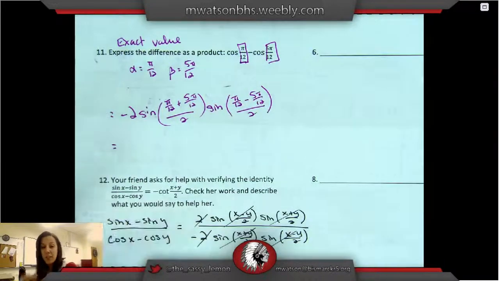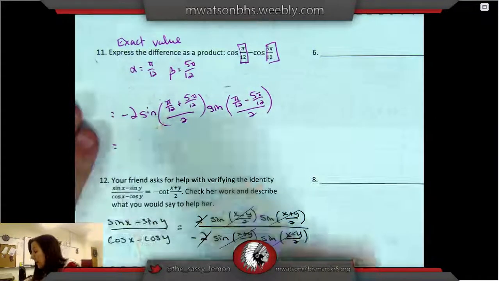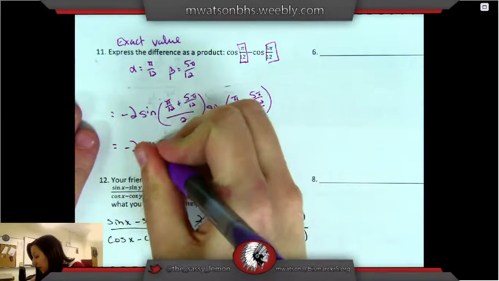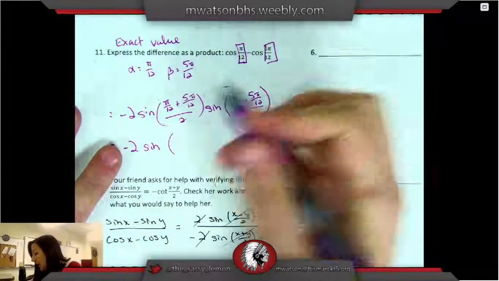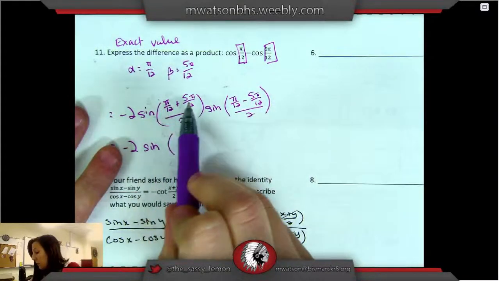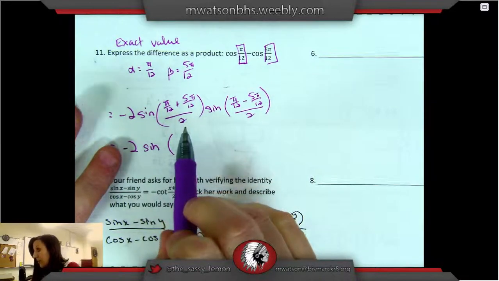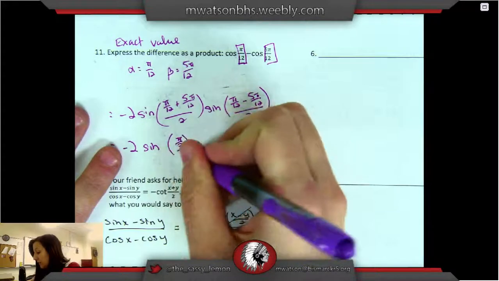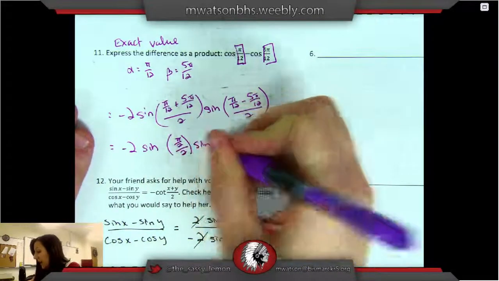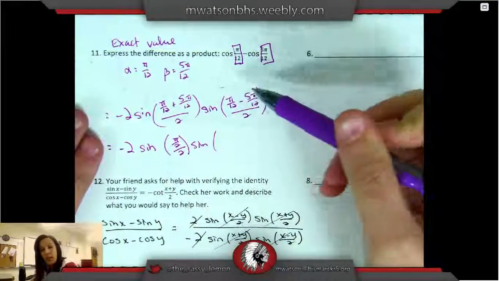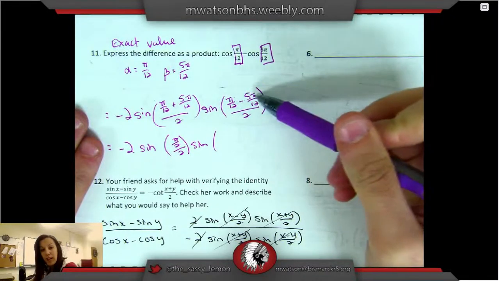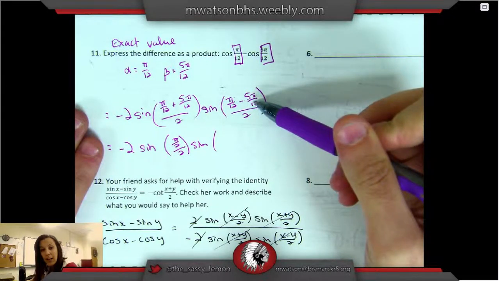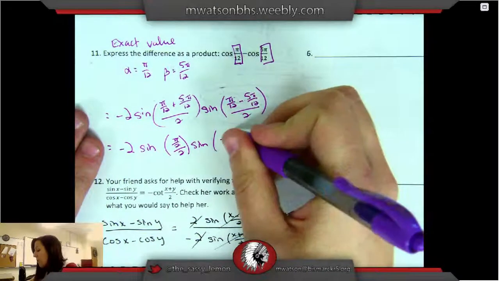So now we've got to simplify those arguments. So negative 2 is going to stay put, sine's going to stay put, and I'm going to end up with 6 pi over 12, which reduces to pi over 2, divided by 2. And then here we've got sine of pi minus 5 pi is negative 4 pi over 12, which is going to be negative pi over 3.